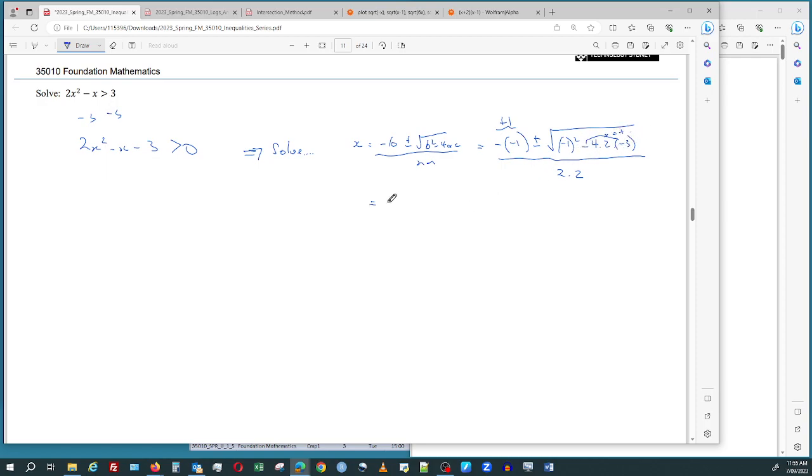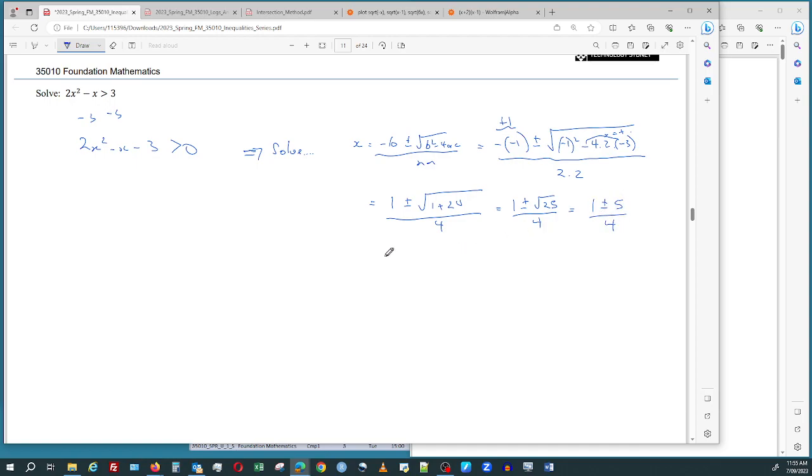So we can bring it back here. So we've got 1 plus or minus the square root of 1 plus 24, over 4, which is 1 plus or minus the square root of 25. We know that's 5, so 1 plus or minus 5.